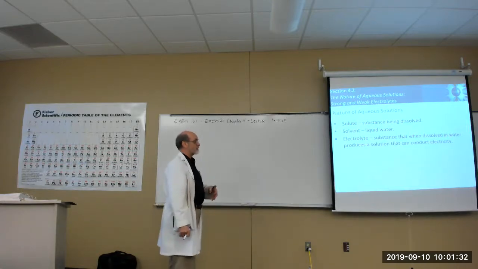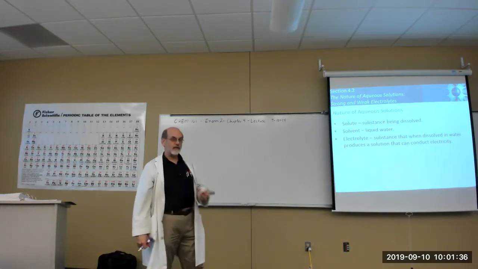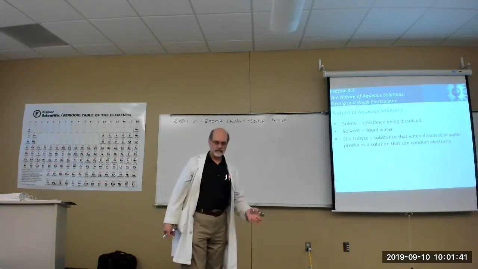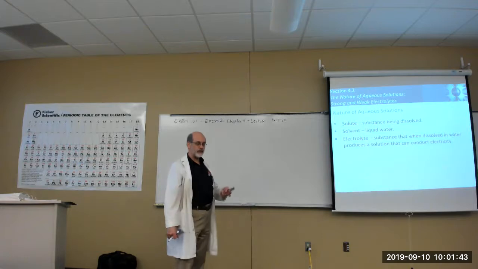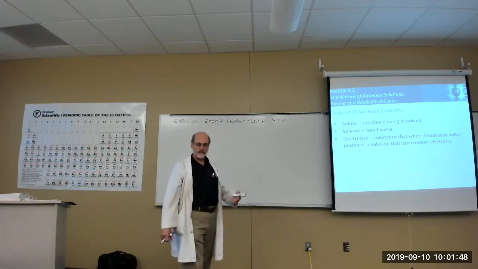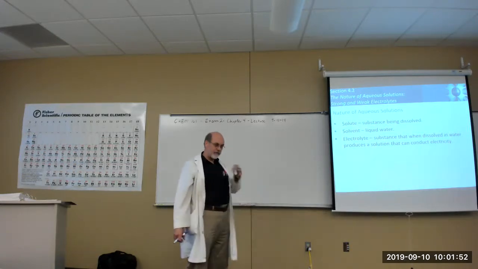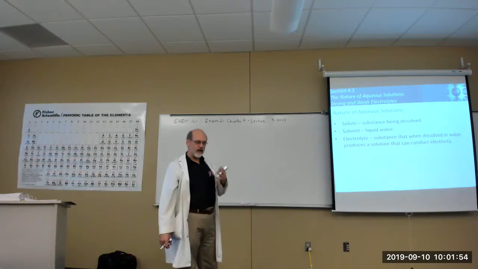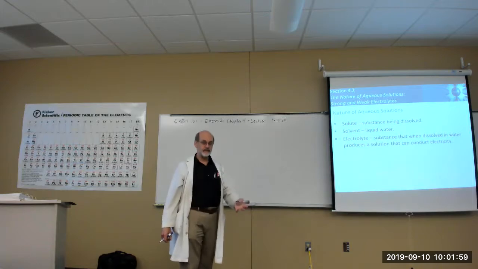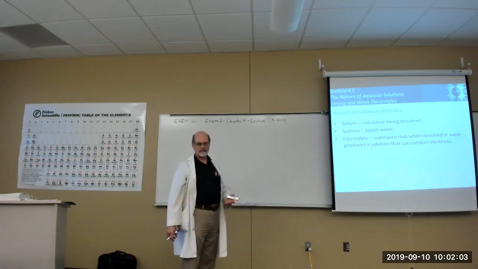Now, as a practical application, the solute is usually the smaller amount, and the solvent is the larger amount. And when you first start dissolving something, the solute in the solvent, that is the case. But there are some cases where the solubility, that is the amount of the solute that can be placed in solution, exceeds the total amount of the solvent.